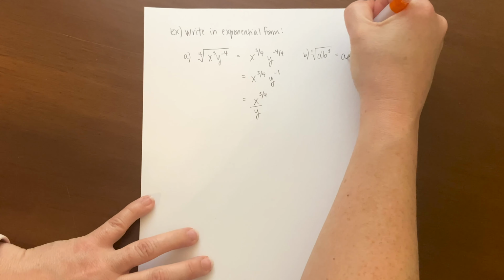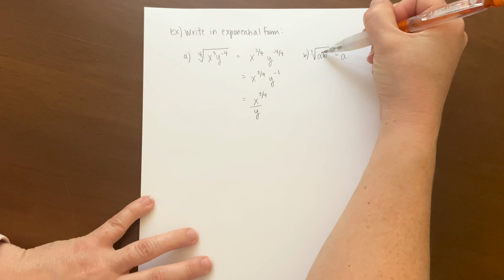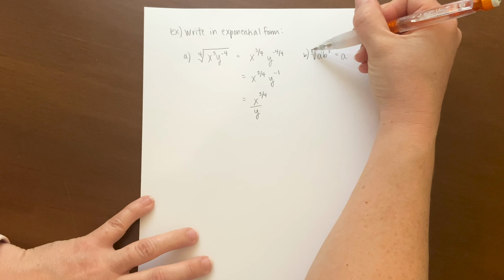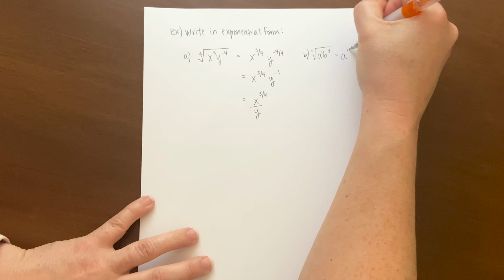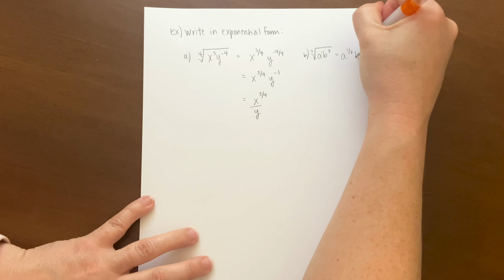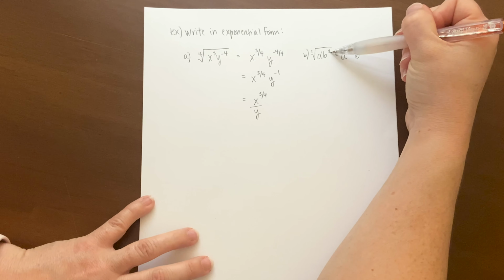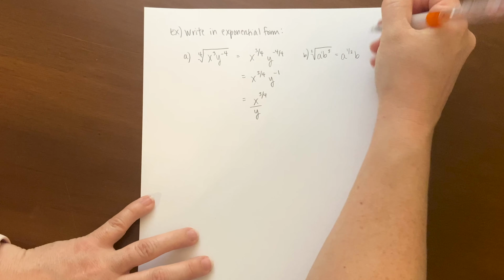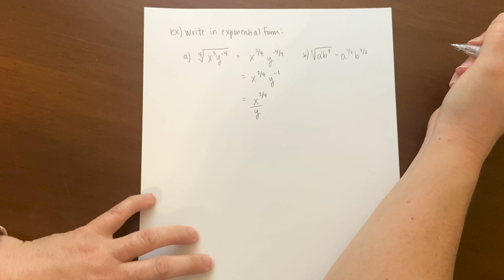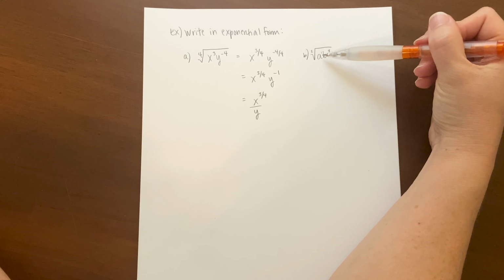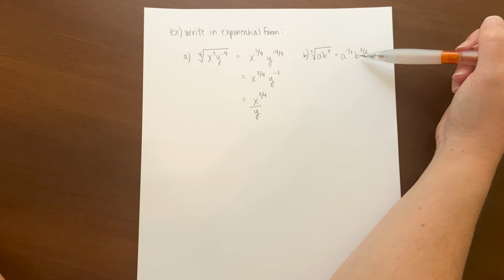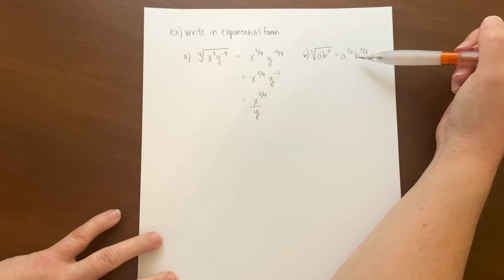So for the a value, we have to the 1st power on the inside, square root on the outside, the root goes on the bottom, so that's a to the 1/2. For the b value, the exponent is 3 and the root is 2, so b to the 3/2. So we rewrote it from radical form into exponential form.